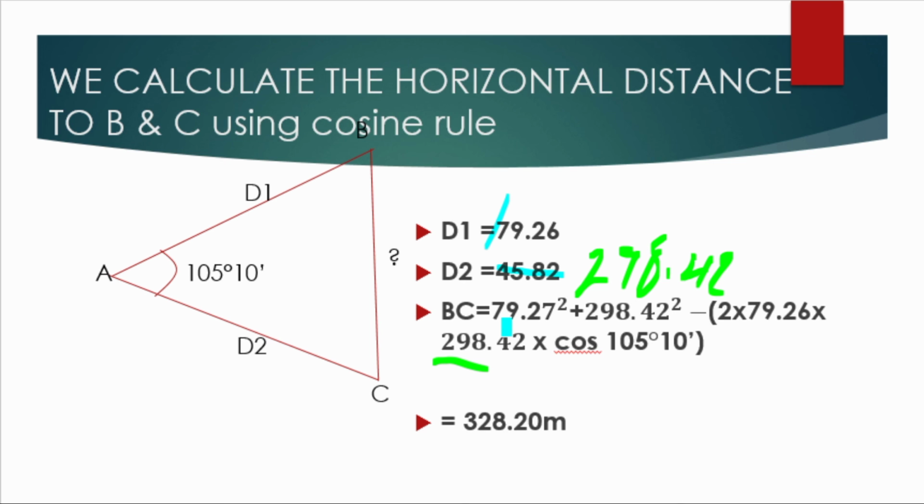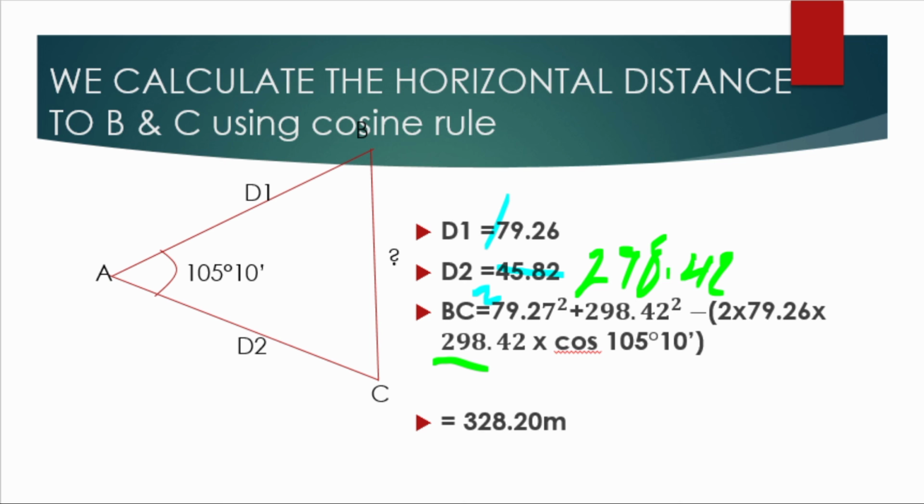So BC squared is equal to 79.27 squared plus the distance we had calculated there as 298.42 squared, that is, the distances AB and AC squared, then minus 2 multiplied by the distance covered multiplied by cos of the angle given. So we had been given this angle earlier here.